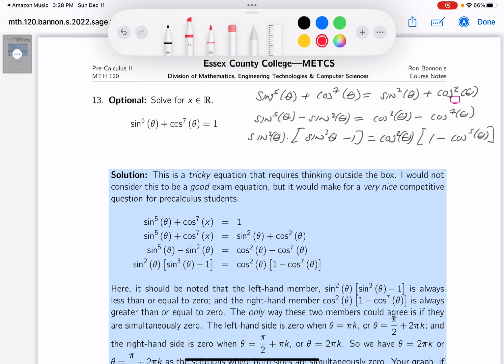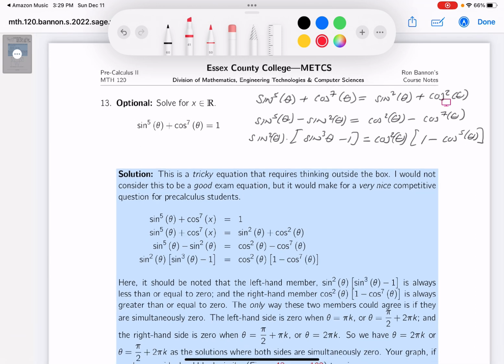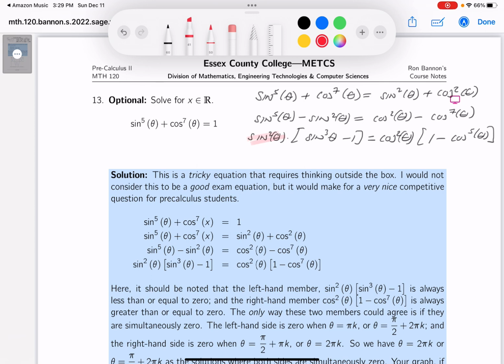All right, looking at the sides, some people say it's a dead end at this point. But one thing I notice is that these factors here are always going to be non-negative. So I'm going to just simply say, greater than or equal to 0 for those. And looking at these ones over here, they're in a different order.